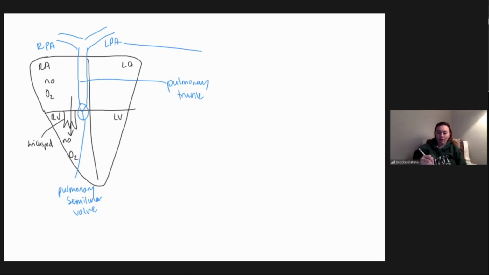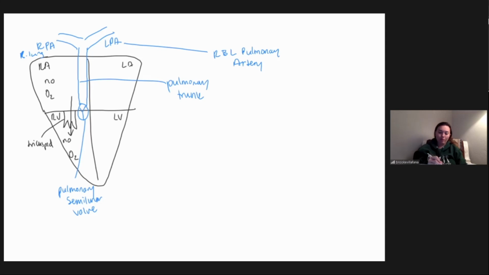This stands for right and left pulmonary arteries. One pulmonary artery goes to each lung. The right pulmonary artery goes to the right lung, and the left pulmonary artery goes to the left lung.